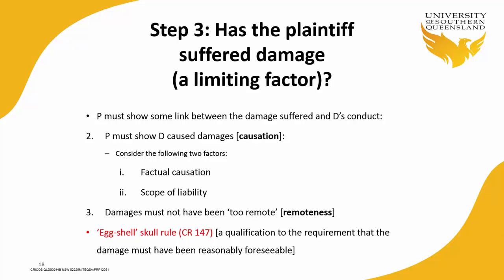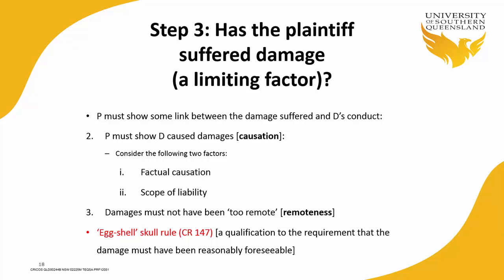So going back to our supermarket example, someone slips and maybe this person has an eggshell skull, so when they fall their skull is shattered and they die. You can't argue that this person had a medical condition. You just take them as you find them. So even if the injuries are significantly greater than might otherwise have been the case, you would still be held accountable and found liable for this harm and this injury.